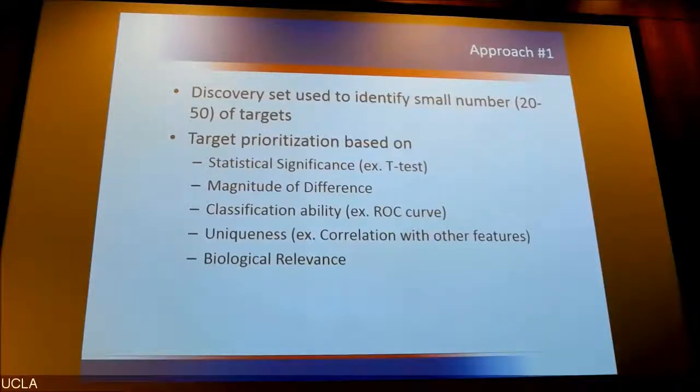So, with biomarkers, with imaging factors, with sensor data, a lot of the features we're going to collect are going to be relatively highly correlated with each other. So if we, say, chose the 50 markers with the smallest p-values, those 50 markers may all be essentially telling us the exact same piece of information.